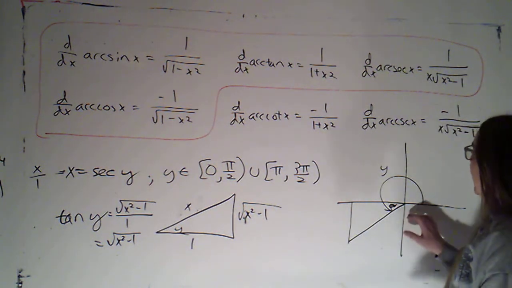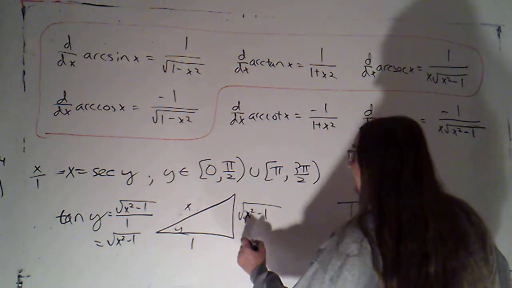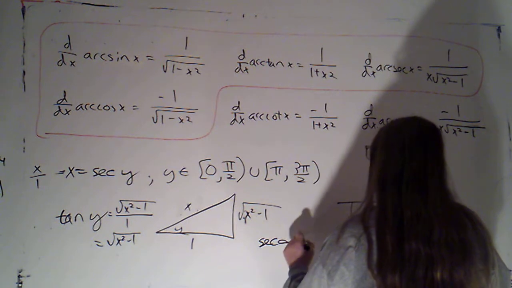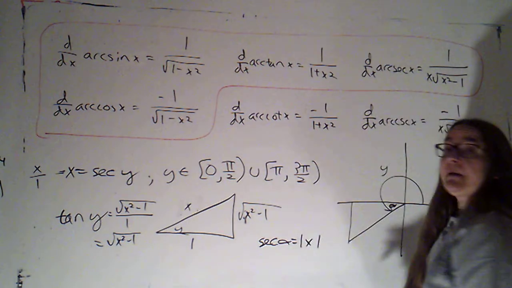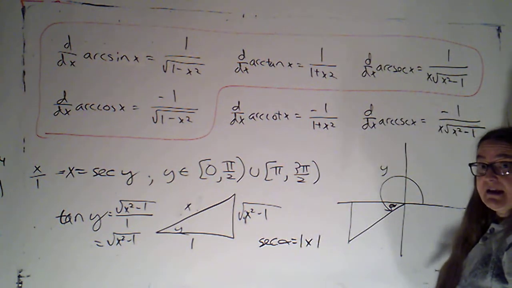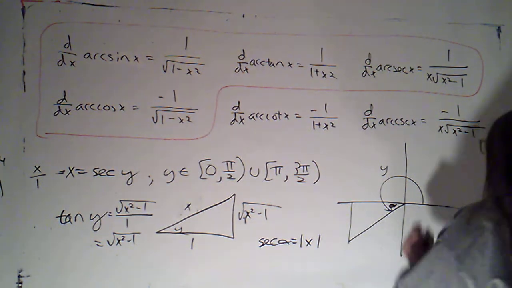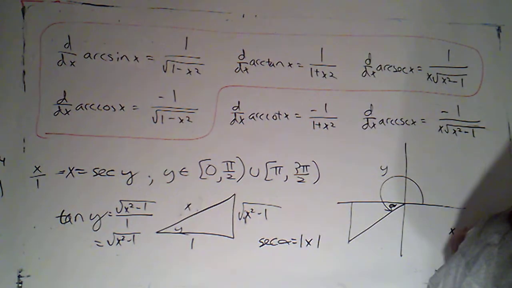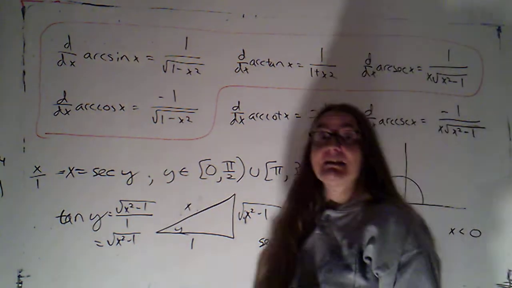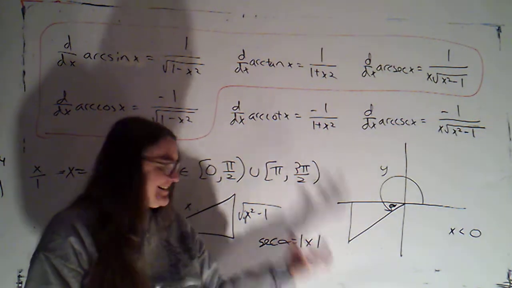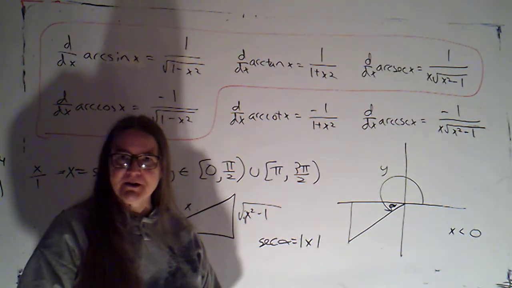Okay. Then what I can do is I can say if x was secant of y, secant of alpha is going to be the absolute value of x. That's super important because if I'm in quadrant 3, I know that x is actually representing a negative number because x is secant of y and secant is negative in quadrant 3.